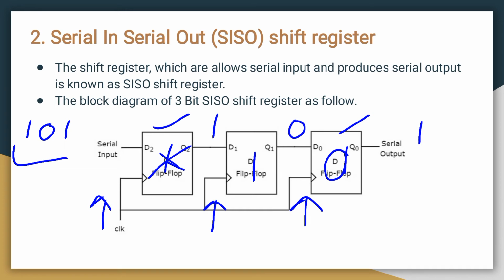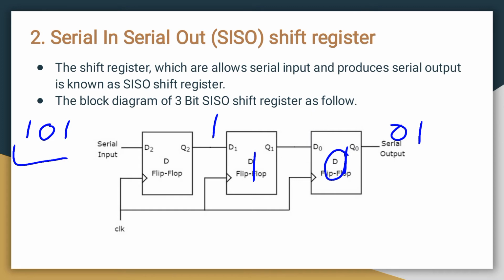Now check the output of what it is having now. The output we get here is 0. For this it is 1. Here no output of the first flip-flop.